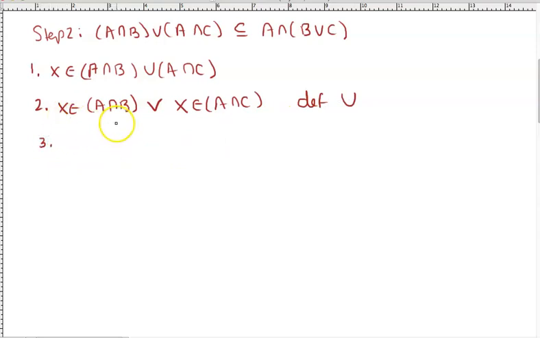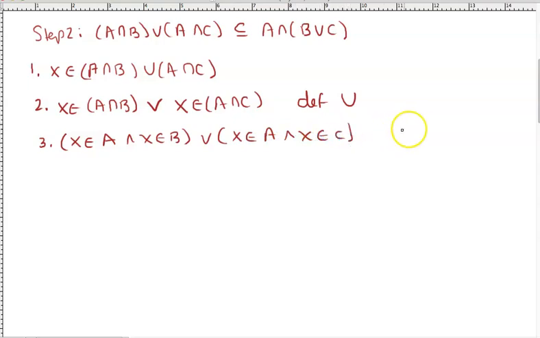Now we're going to use the definition of an intersection and say that X has to be in A and X has to be in B, or X has to be in A and X has to be in C. That's the definition of intersection. Now we're going to use the distributive law backwards.